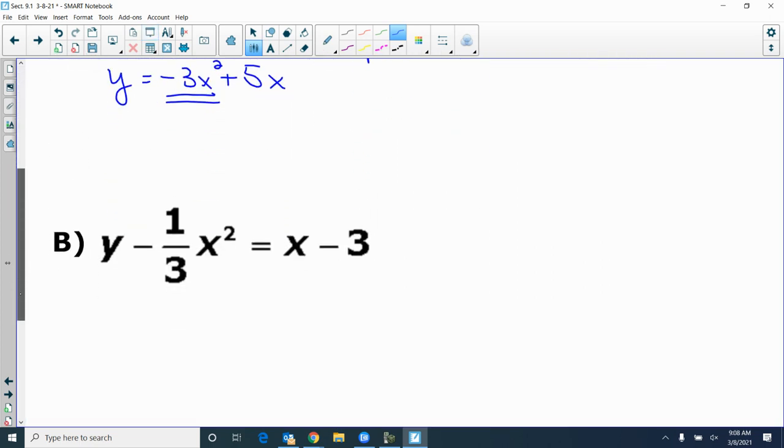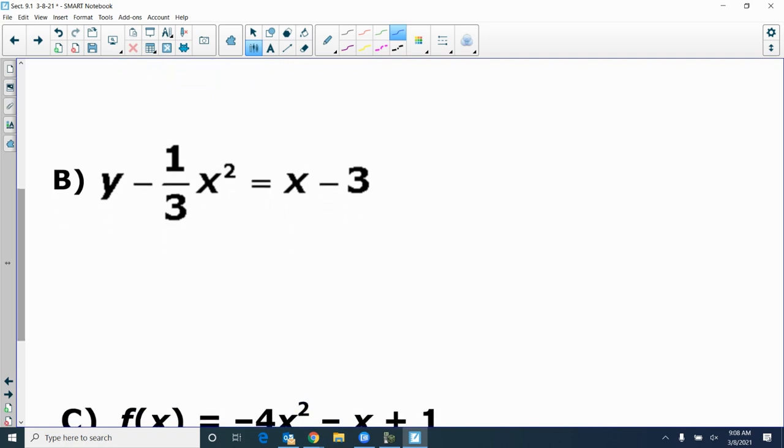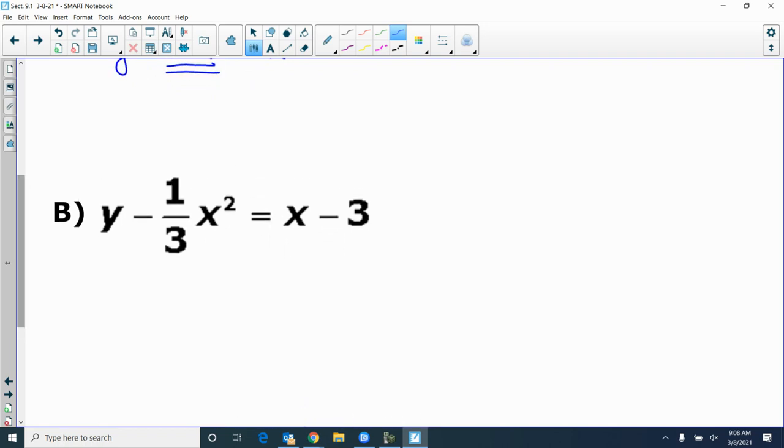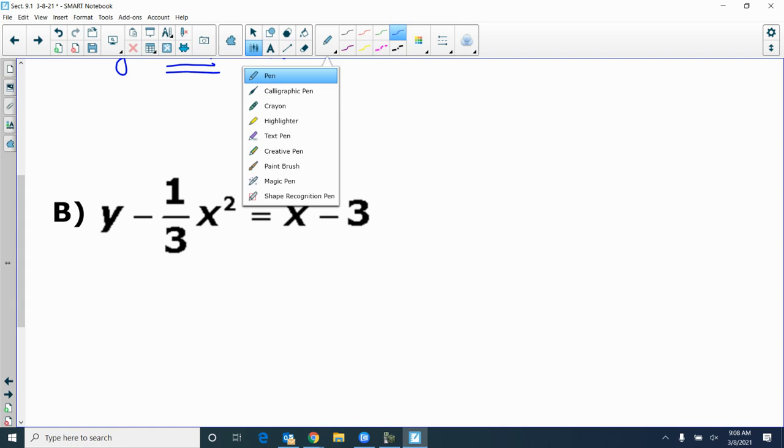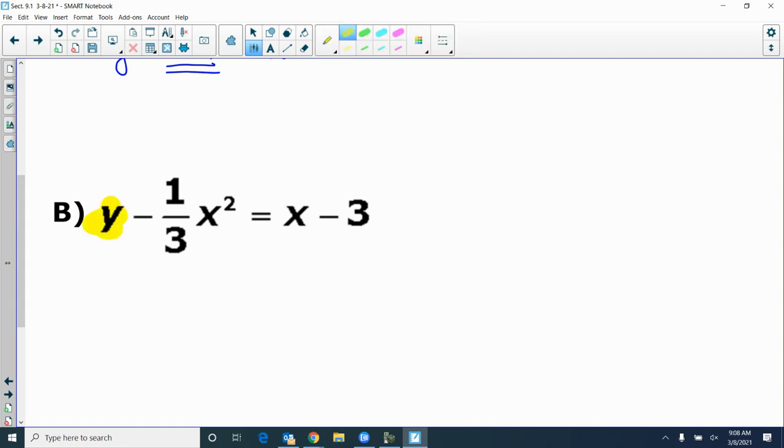Now also, you cannot look at this one and give me the answer till you move it. You can't say up or down until you get y by itself. Which means for this one here, I got to move this to the other side.